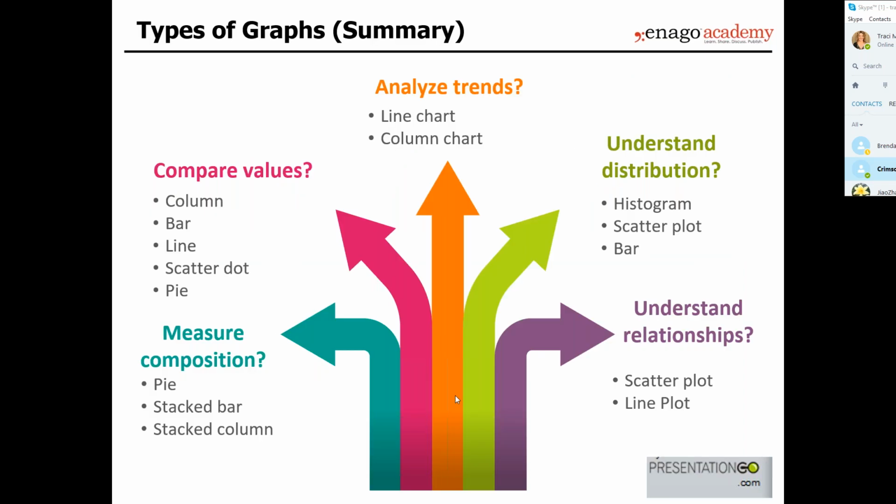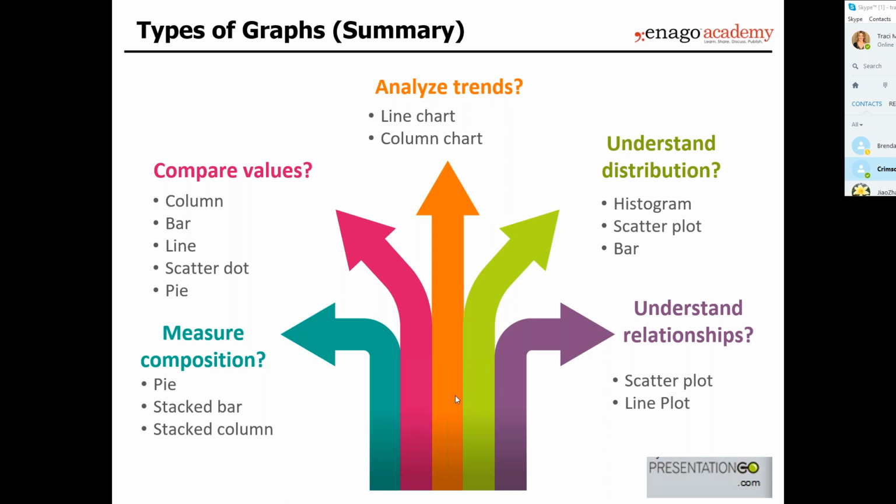So here we have a summary of the different types of graphs. When we want to compare values, we typically will use a column, bar, line, scatter dot, or pie graph. So that means I want to compare what was my blood pressure when I was walking compared to when I was running.